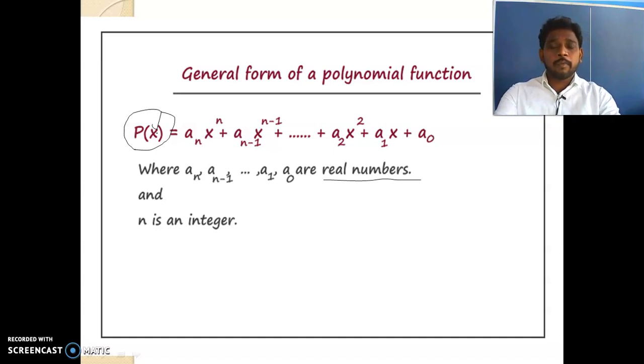And how to check whether the given expression is a polynomial or not? According to the power of the variable, as I already explained: if the power of the variable is a whole number, then the given expression is a polynomial. Otherwise, it is not a polynomial, just an expression.